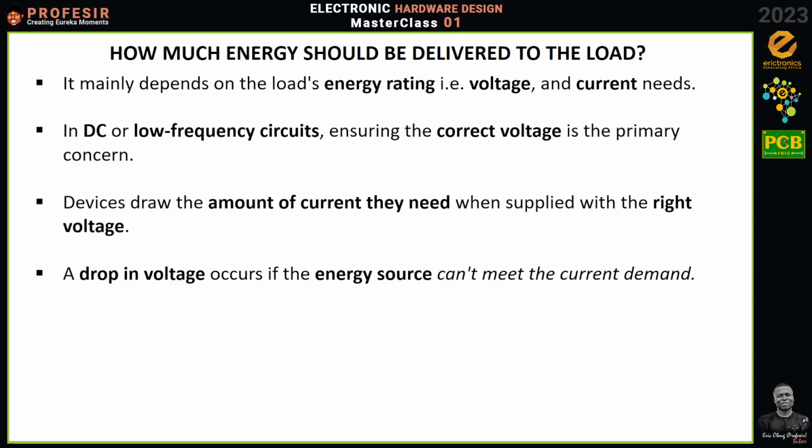Find a device that uses, let's say, 9 volts, 1 amp, and set your power supply to 9 volts and 500 milliamps. You will realize that the voltage will drop. That is what is going to happen, because the system tries to raise the current, but by doing so, it compromises on the voltage it is delivering to your system.